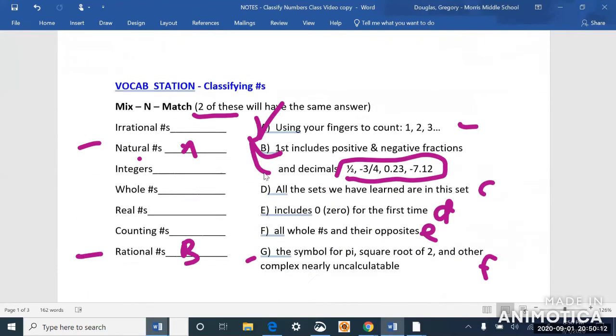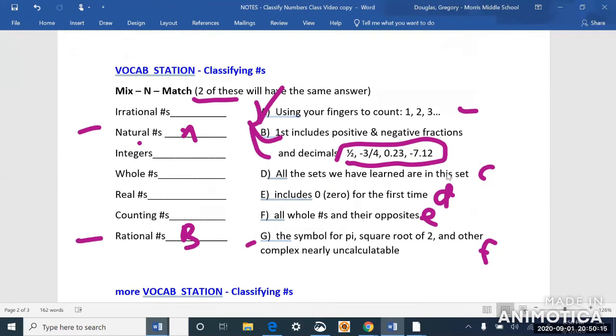Okay, back to the vocab. So all the sets we have learned are in this one set. That's real numbers, D. E includes 0 for the first time. The whole is the whole numbers. That is E. Okay? All whole numbers and their opposites. Oh, that's the one right above whole numbers.